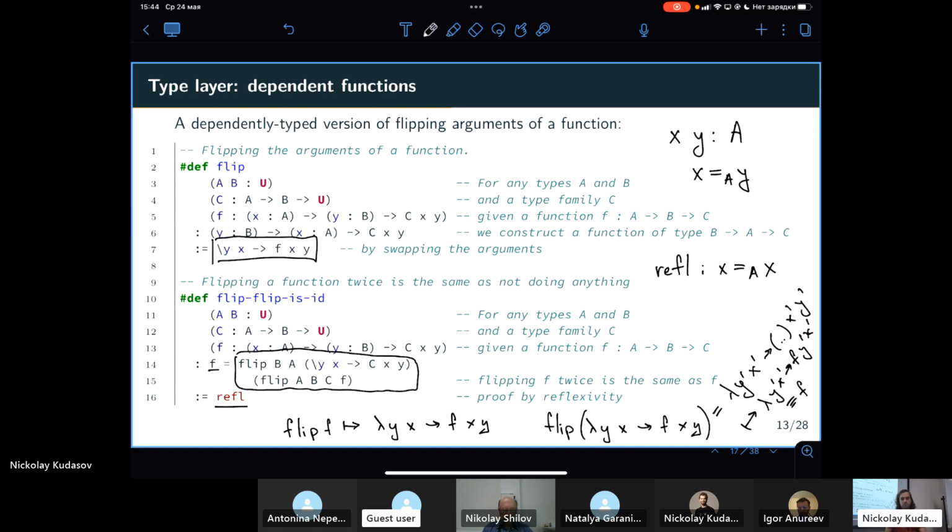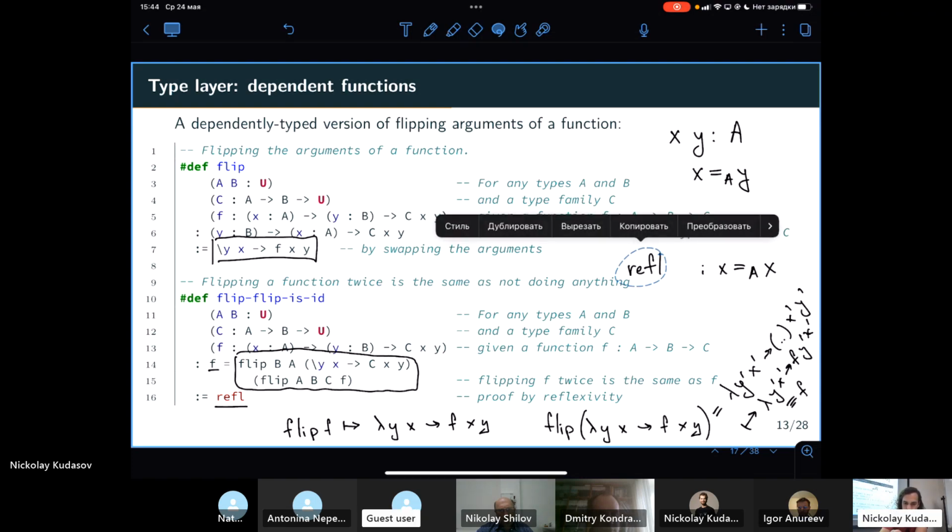I have another question. Yes. May I ask? Here you wrote REFL as type x equal to x with parameter A. I guess that if I change x or A, it is not the same REFL, right? Right. Technically, yes.